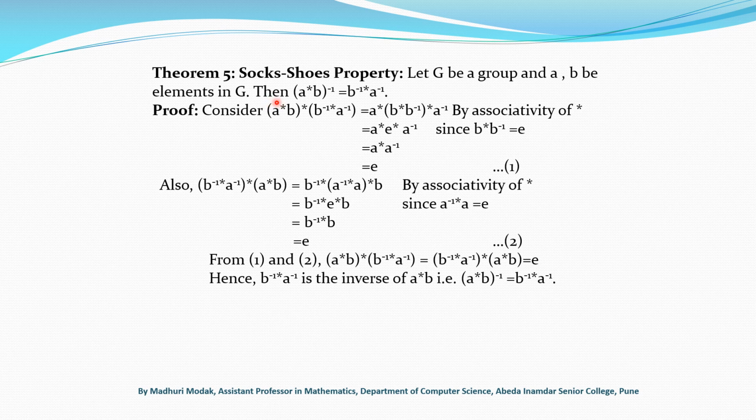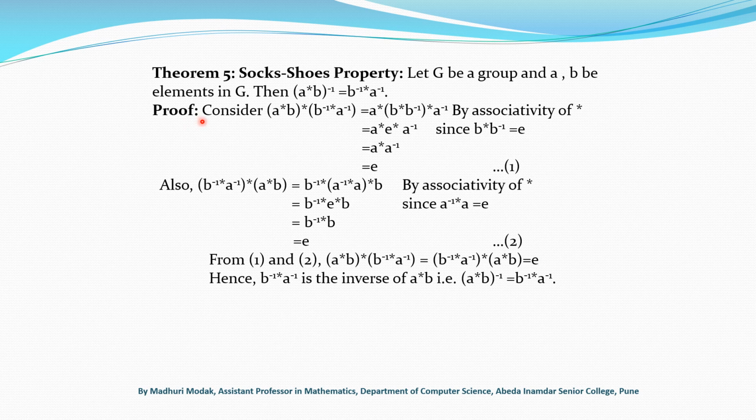Whenever we have to show that B is an inverse of A, we have to show AB equal to BA equal to identity. So to show that the inverse of this element is B inverse star A inverse, we show that A star B star B inverse star A inverse is identity. At the same time, B inverse star A inverse star A star B is also identity.